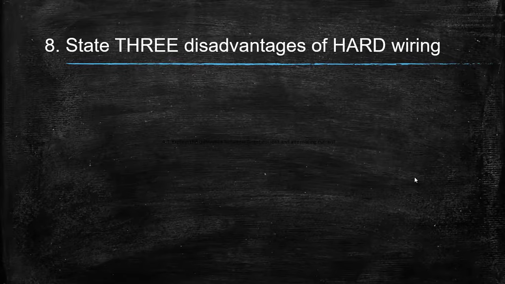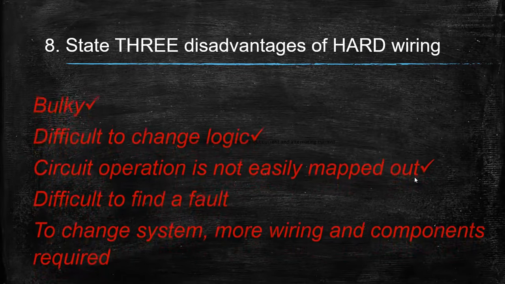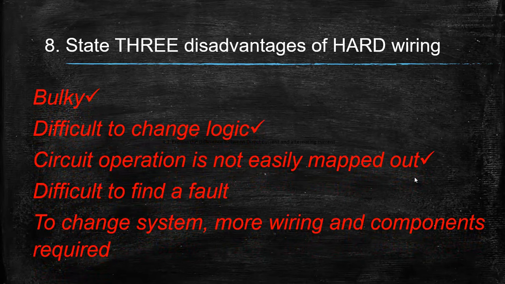State 3 disadvantages of hard wiring. Bulky, difficult to change the logic, circuit operation is not easily mapped out, difficult to find a fault, to change the system, more wiring and components are required.